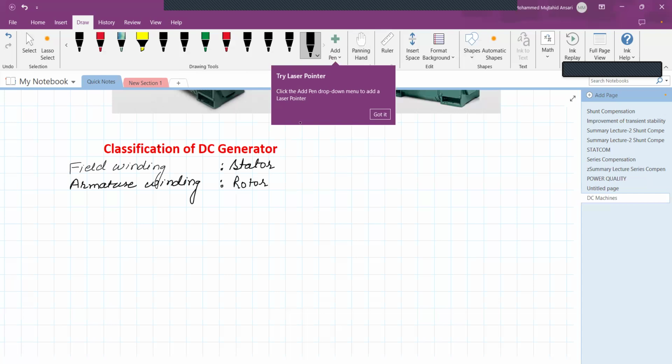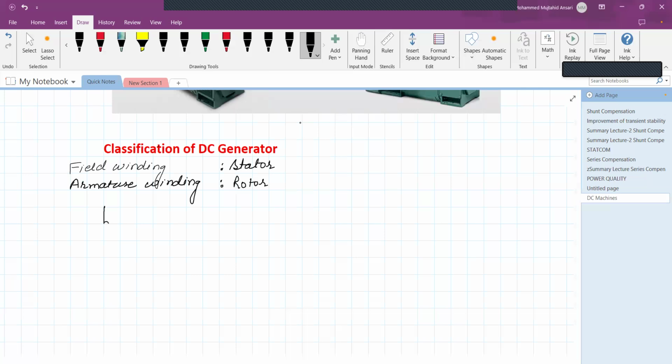The field winding is represented by a large number of turns. It indicates the winding resistance is more, and it is represented as the field winding. Whereas the armature, because it is a rotating part, is represented as the armature which is rotating.